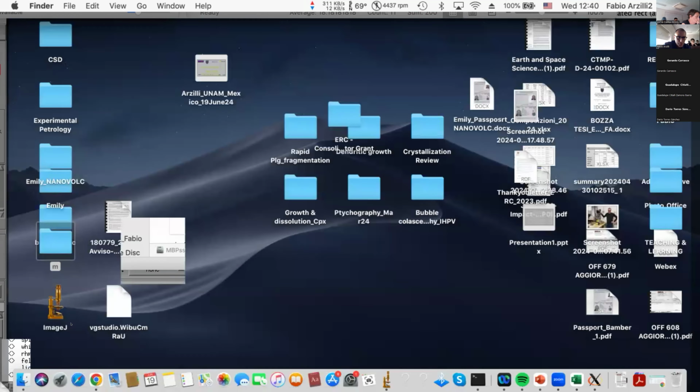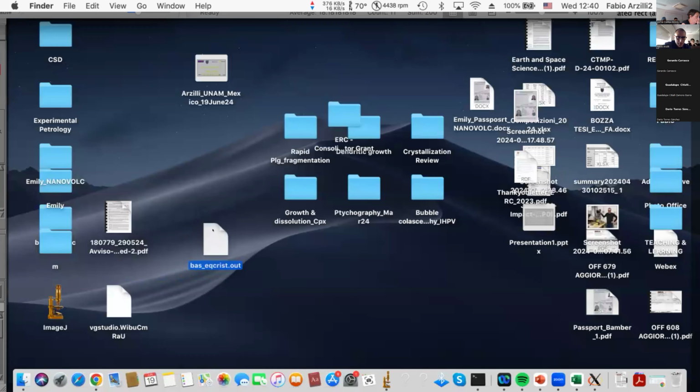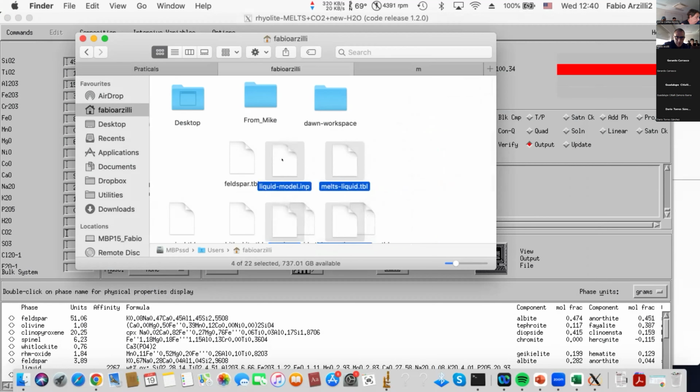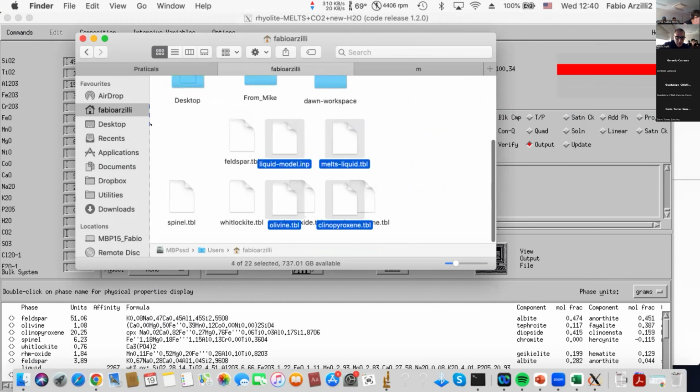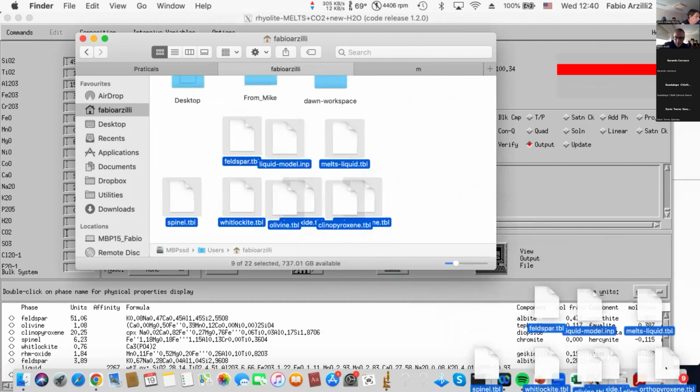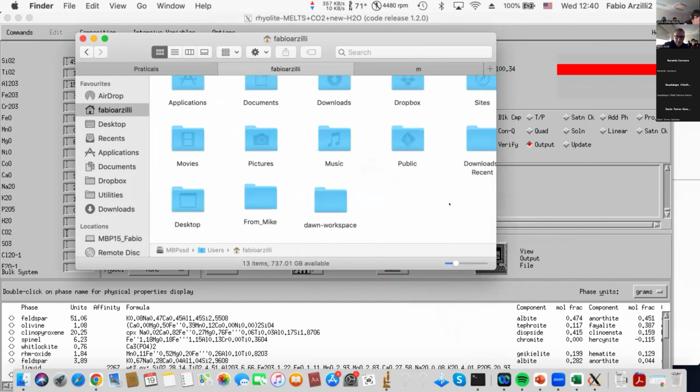So I put it here. Yes, I save it because we can compare with the other one later. Once you get the result, you save it, you put it in one folder, whatever you want, and we run the other one. So to compare.